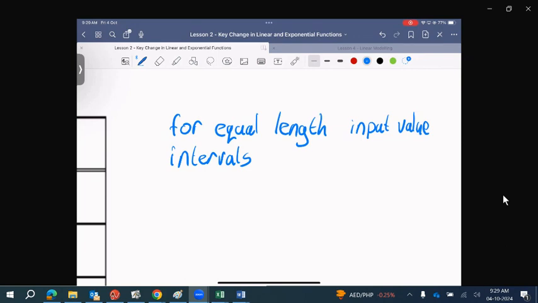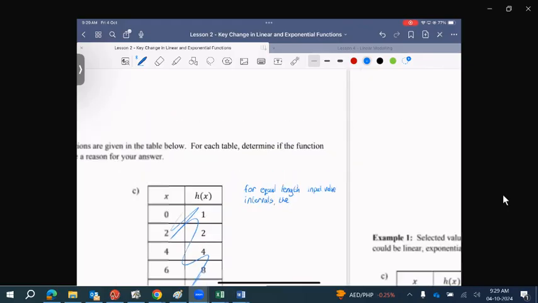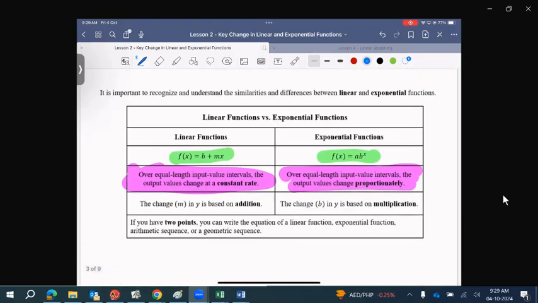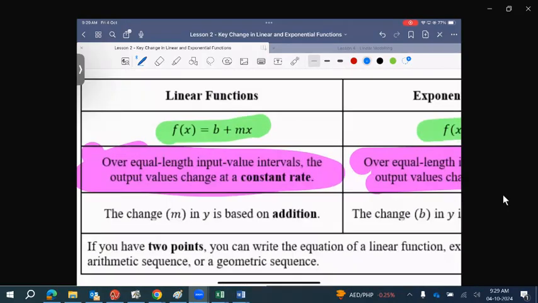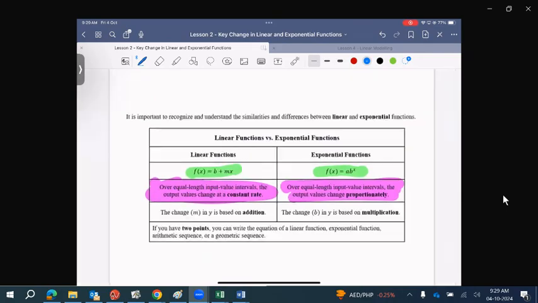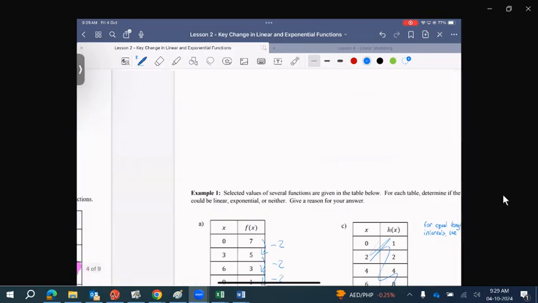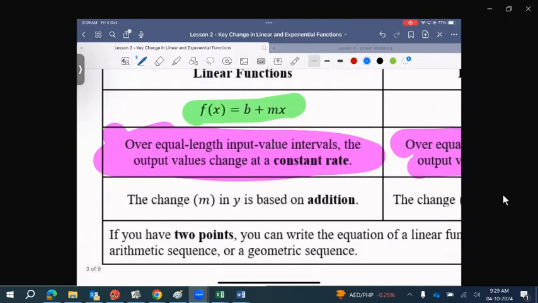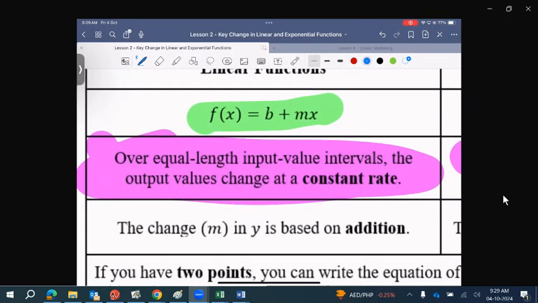So what happens for equal length input value intervals? The function increases constantly. Let's go back and read. The output values change at a constant rate. We're memorizing these ones. Okay, let me have everybody read this one out loud.